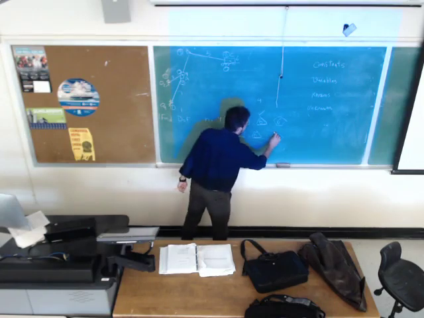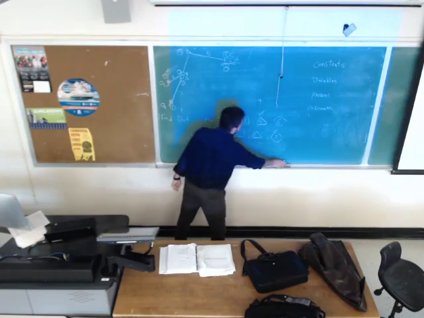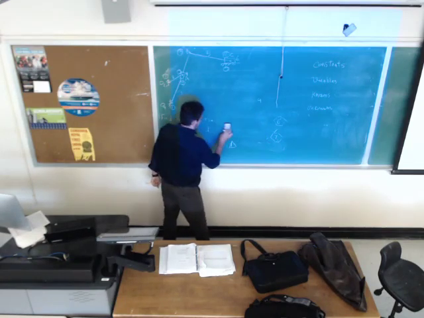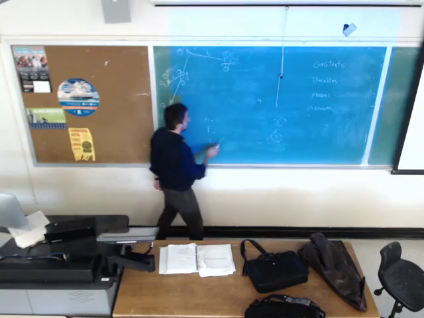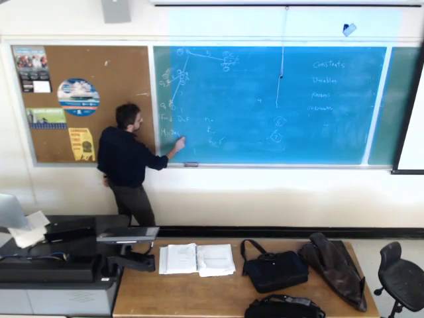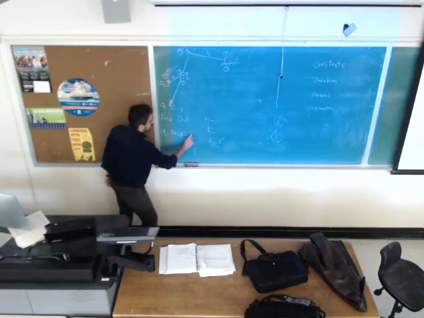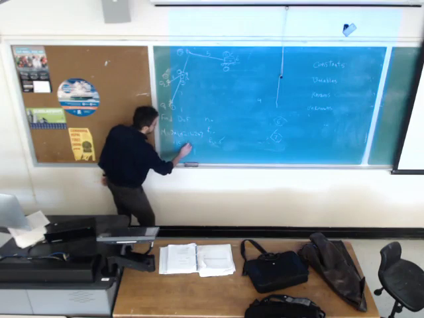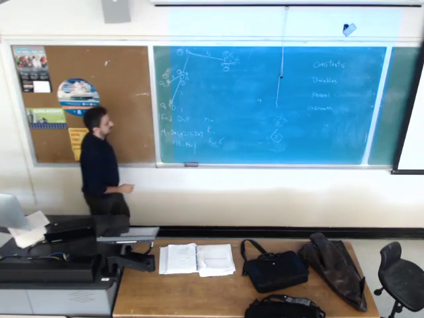So 7 and 0. So degrees of freedom would be 3 times (6 minus 1) minus 2 times 7: 15 minus 14 equals 1.